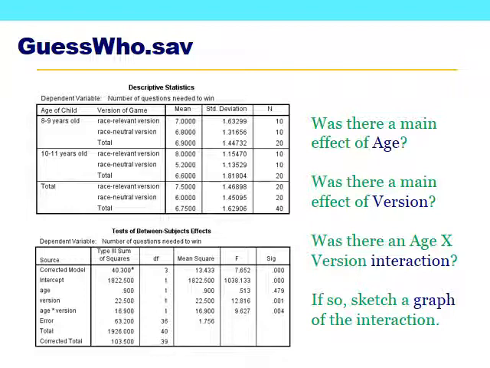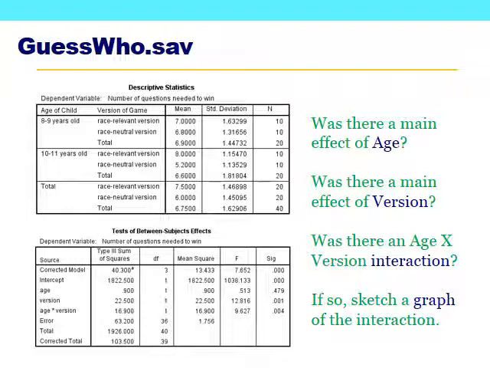Overall, kids who played the race-relevant version of the game needed 7.5 questions to win, whereas kids who played the race-neutral version needed only 6 questions on average to win the game. That was a significant difference. In other words, kids were better at the race-neutral version than they were at the race-relevant version of the Guess Who game.